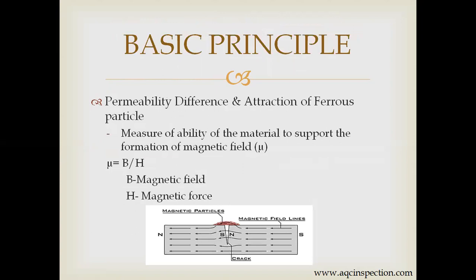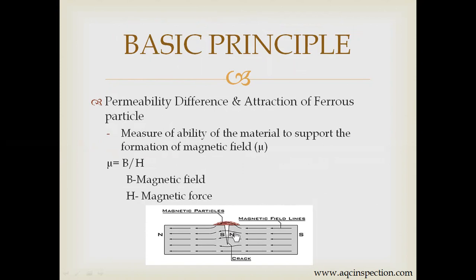The basic principle of MPI is permeability difference and attraction of particles towards the flux leakage. Permeability is the ability of the material to support a magnetic field. When there is a discontinuity which has less permeability, the magnetic flux lines cannot pass through the discontinuity.